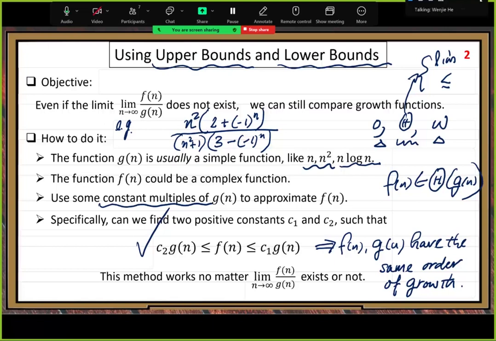First, can you see the limit does not exist? For this part, n squared over n squared plus 1, when n goes to infinity, approaches 1. So it's gone. Then let's look at the parenthesis part.